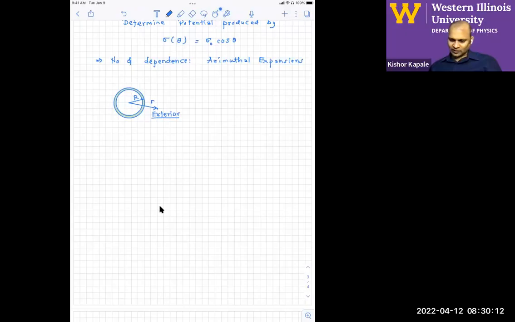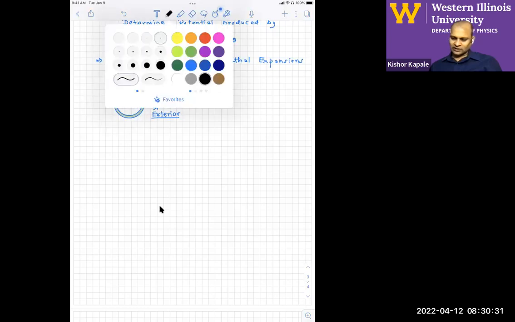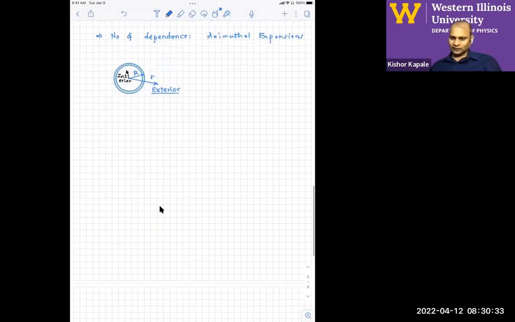And if the observation point, I'm going to use a different color for that, is let's say here, then you would use the interior expansion. Okay, so that's clear. Once that's clear, then we just have to figure both of those terms out, and then we are done, right? So let's first do the exterior.